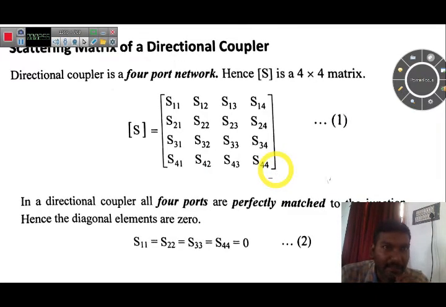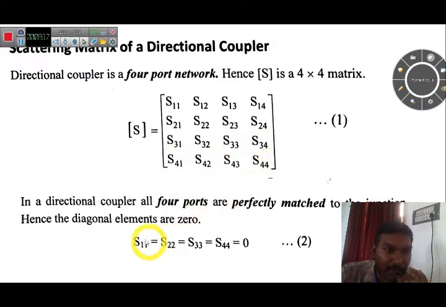And we can derive the S matrix for the directional coupler. For a 4-port network it is a 4x4 matrix, because the directional coupler has 4 ports. S is equal to S11, S12, S13, S14, S21, S22, S23, S24, S31, S32, S33, S34, and S41, S42, S43, and S44.